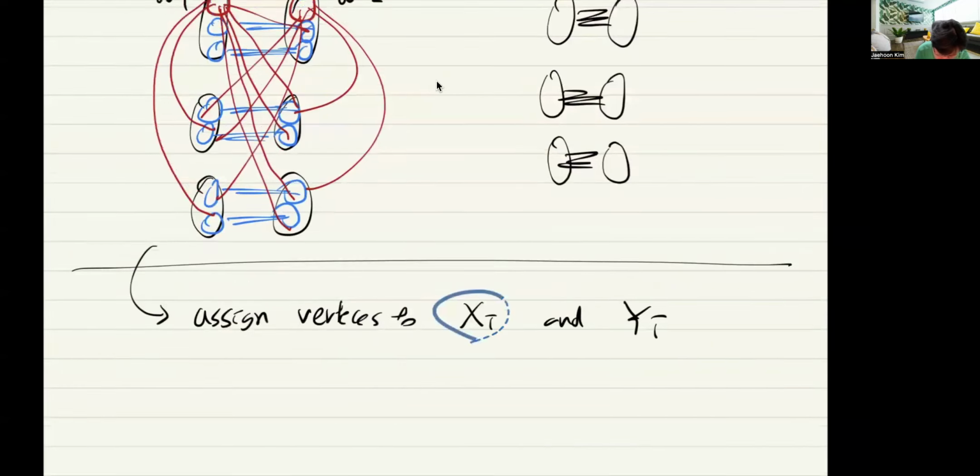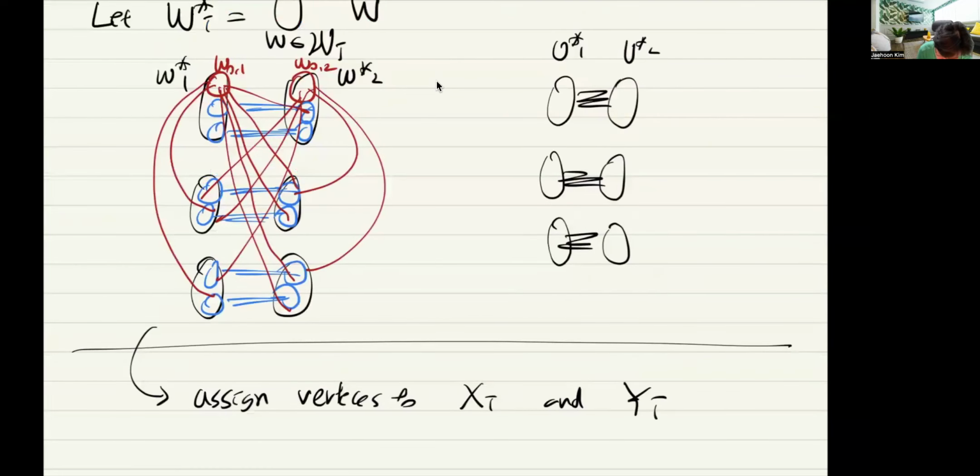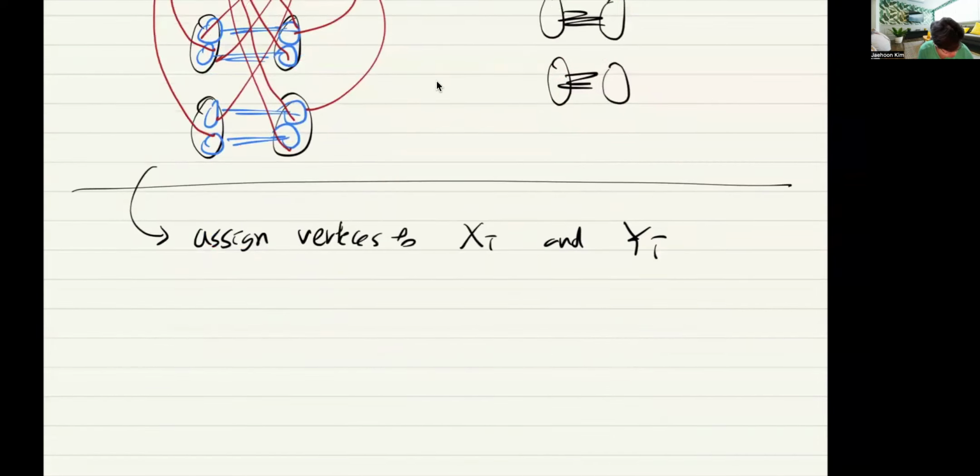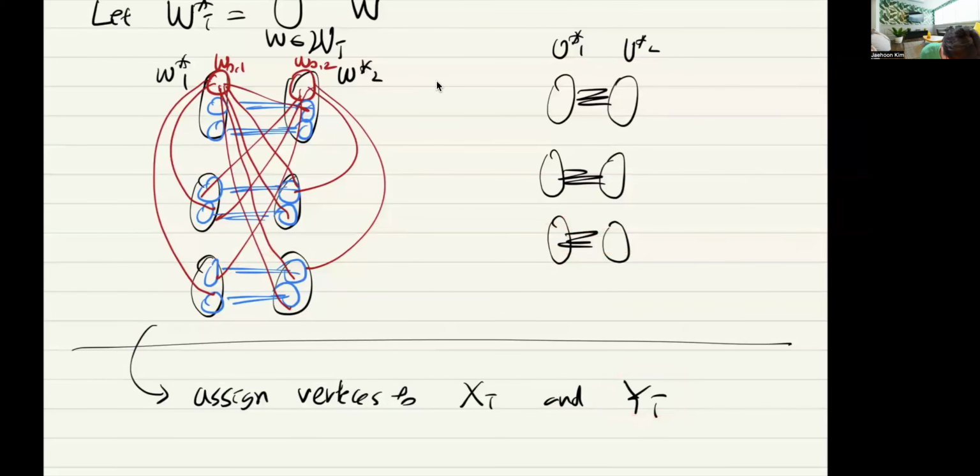And Xi are the vertices which are kind of good, so that between Xi and Xi star, they will be embedded into G using this superregular part. But Y are some small exceptional ones. We will use some other edges in G to embed into. And this Y will be the ones that are incident with these edges. So Y will be the vertices which are close to this W0.